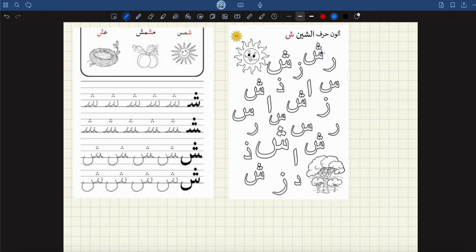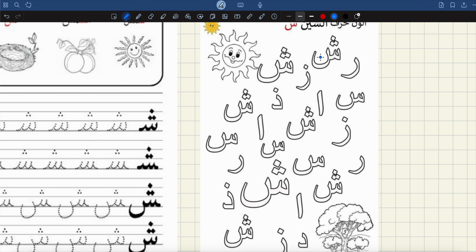This is the letter Shin here. I will try to color the letter Shin, and not forget the 3 dots. You can write 3 dots, or you can write it like this here.